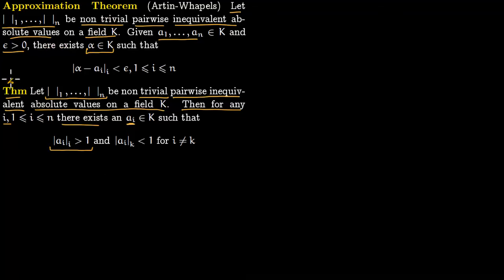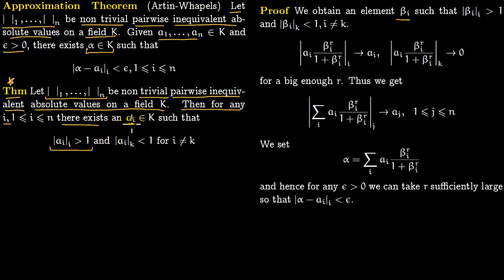If you assume this theorem, then there exists some element beta i, so instead of ai we are writing beta i, such that the i-th absolute value of beta i is greater than 1, and the k-th absolute value is less than 1. Now consider this number here, that is ai times beta i to the r over 1 plus beta i to the r, evaluated at i.